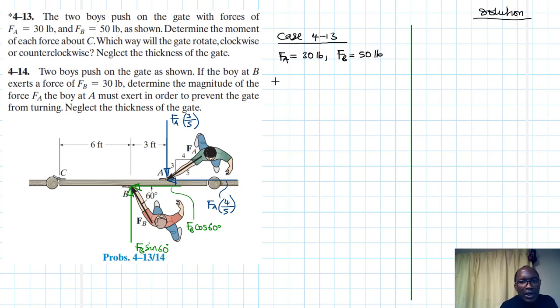Therefore, if we are to work out the moments, we are looking at the moment due to Fa. Maybe I should put it on top here: moment due to Fa.